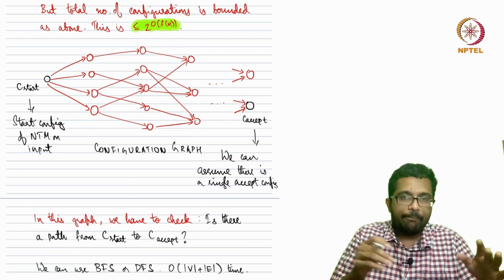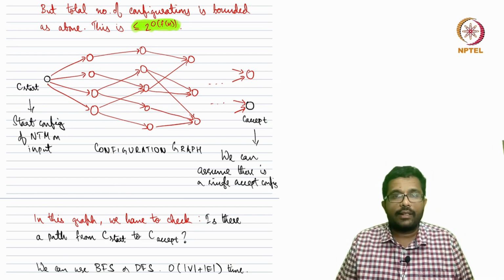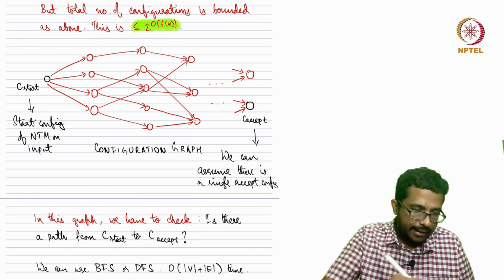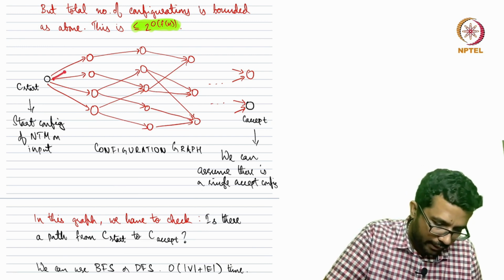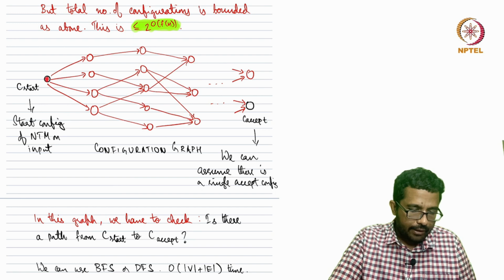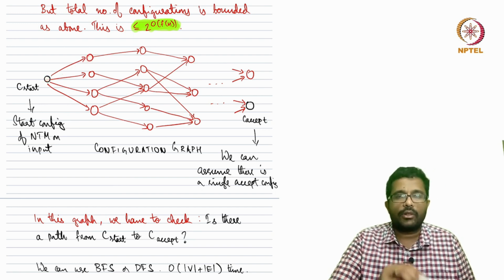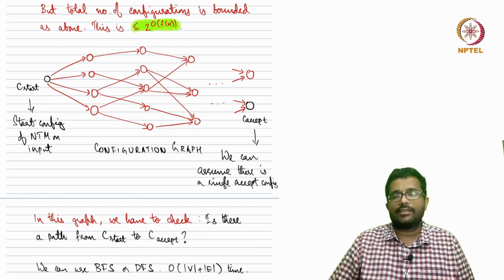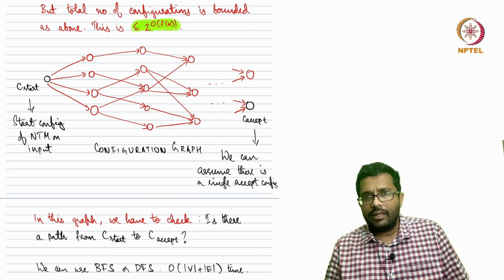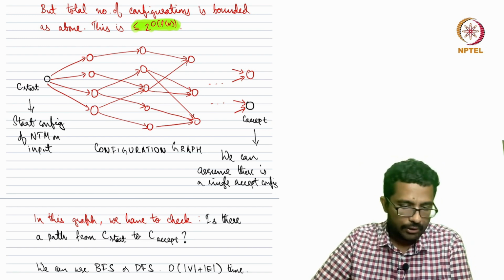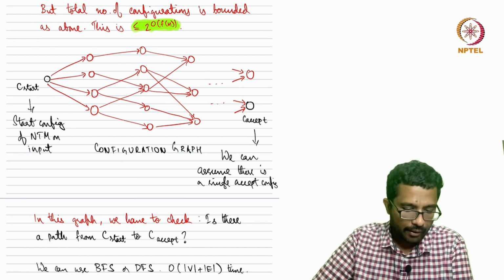Now, the configuration graph is a directed graph where you have a directed edge from i to j if j is a valid successor of i. That is easily checked by the rules of the non-deterministic Turing machine, so we can build this configuration graph.